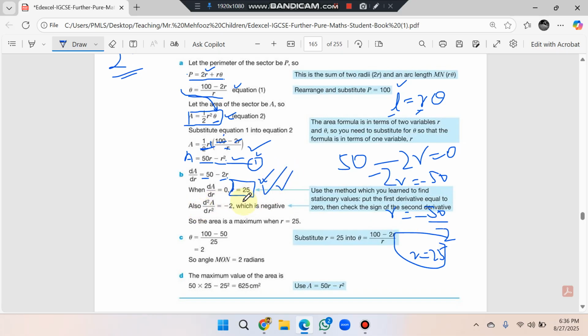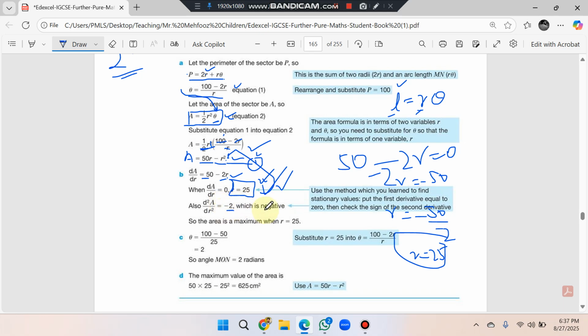After finding r, we just put the value of r into this equation. So it will become 50 multiplied by r. But first of all we also have to find the double derivative. The first derivative is this one. If we find the double derivative, 50 has the derivative 0 and minus 2r has the derivative minus 2. Now you can see that the double derivative is negative.